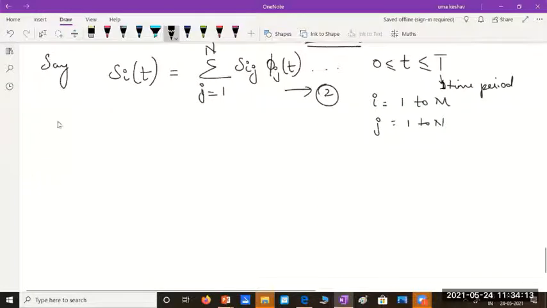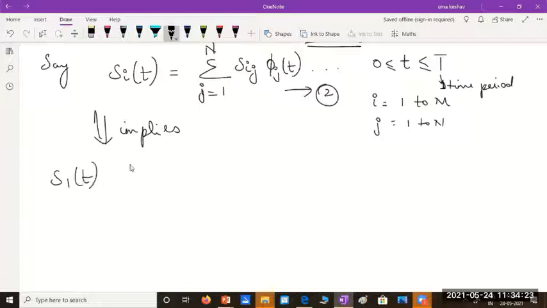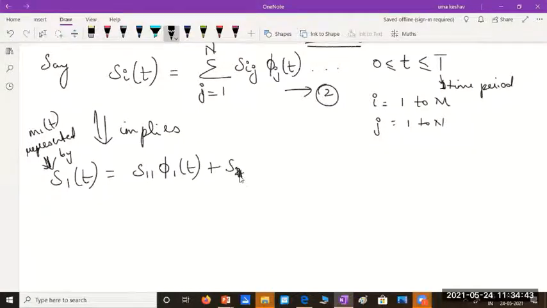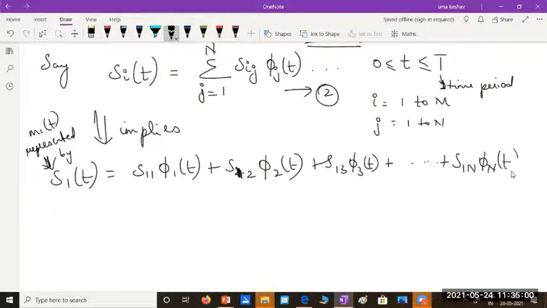What is the meaning of this equation? So this implies, let me say M1 of t, which is represented by S1 of t, can be written as S11 phi 1 plus S12 phi 2, S13 phi 3, and so on, S1n phi n of t.